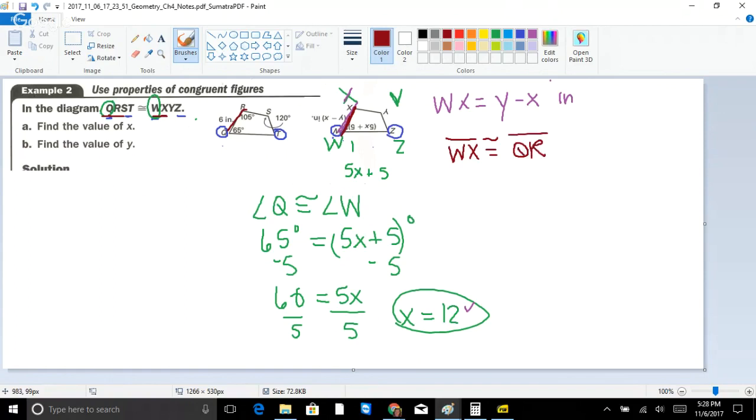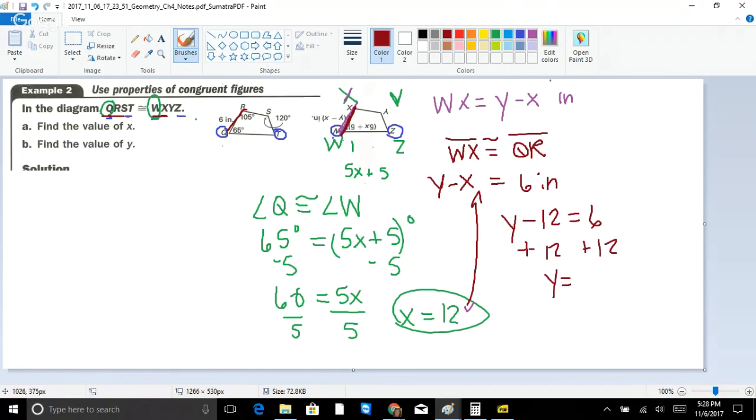Thankfully they told me what QR is: 6 inches. And WX is Y minus X, and we know that X is 12. So Y minus 12 equals 6. Add 12 to both sides, and I get Y equals 18.